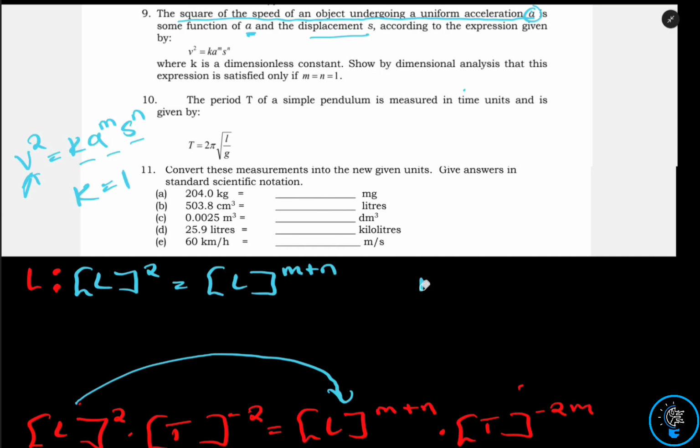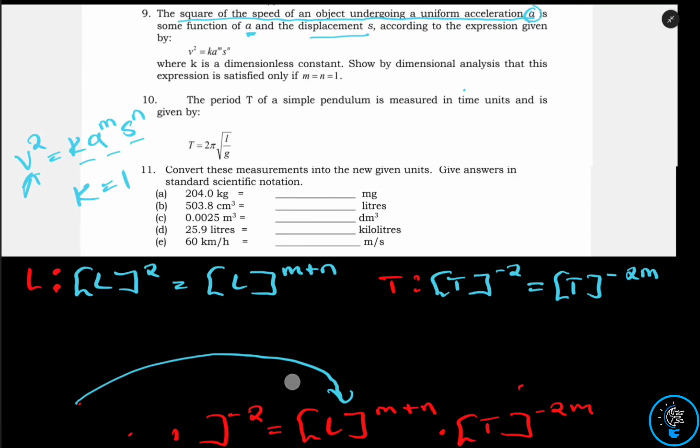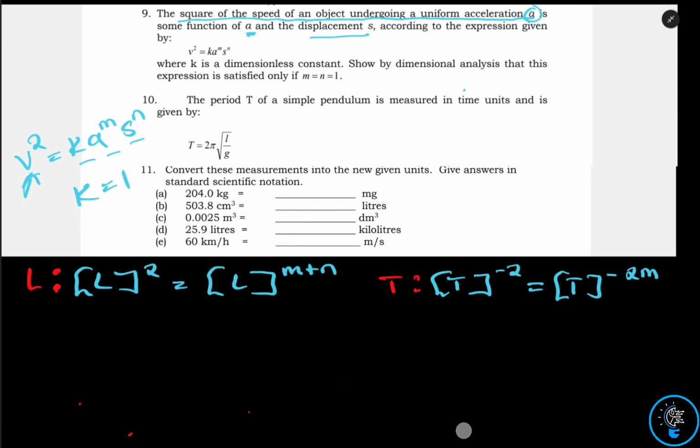And T, when you take the T part, it's this one, the T to the power -2 corresponds to T to the power -2m. Okay, let's create some space now.